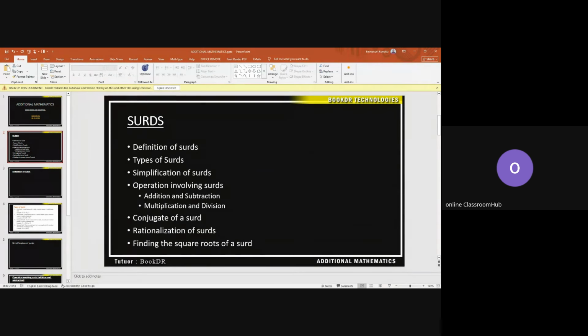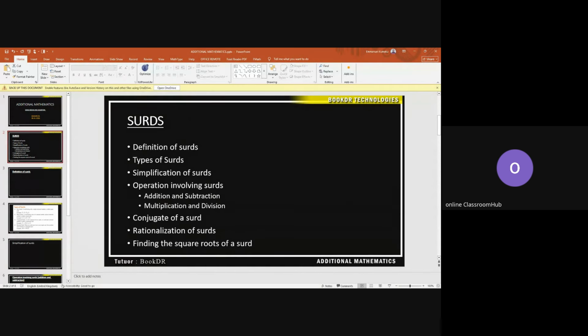Then some basic operations involving surds, the four major operations: addition, subtraction, multiplication and division. Then we'll also look at the conjugate of a surd. When we say a conjugate of a surd, what does it mean? We'll also look at that.